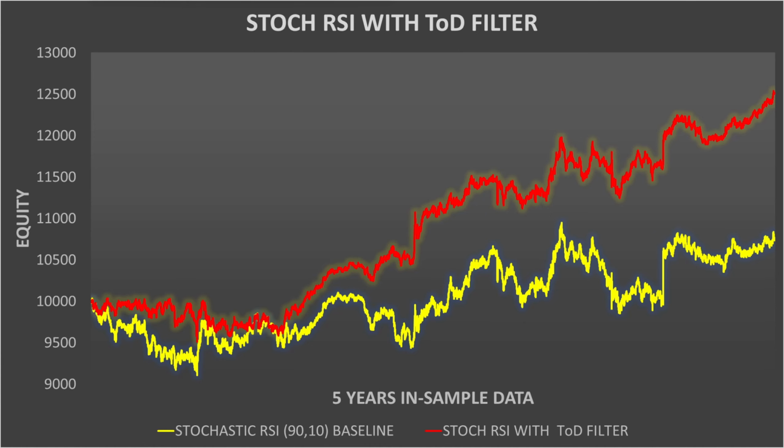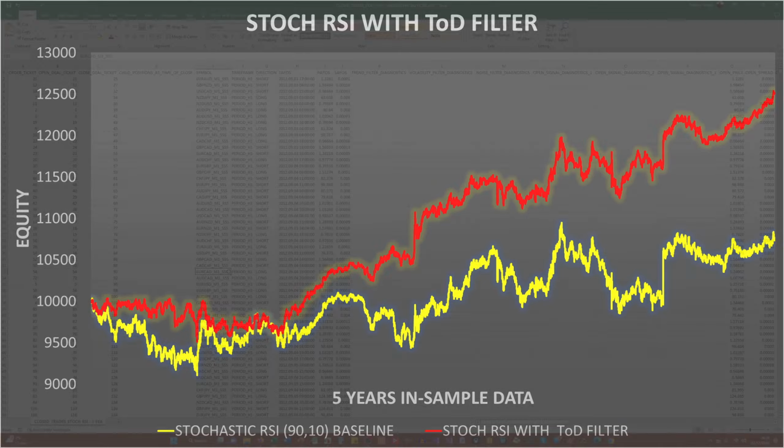So, as a recap, using nothing other than the overbought oversold signal, we produced the yellow equity curve that you see here. But then with a simple time of day filter implemented, the red equity curve was achieved. And so in today's episode, I'm going to take you through the required analysis in order to inform this time of day filter and show that in action.